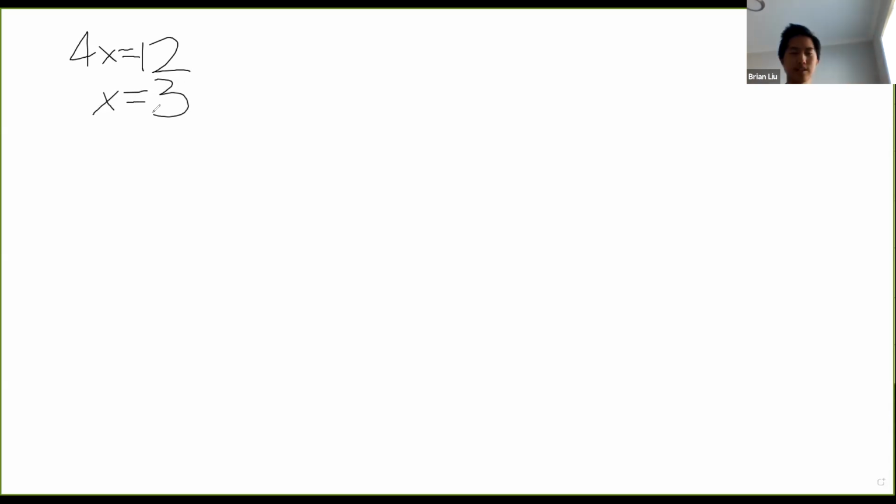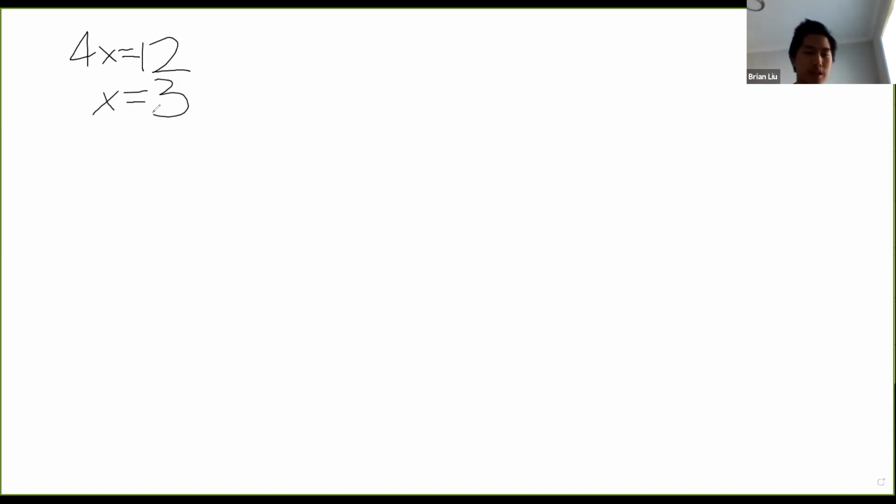Say we have the equation 4x equals 12, right? So how do we solve this? Well, 4x equals 12, so divide by 4, we get x equals 3. Now, how do we visualize this?